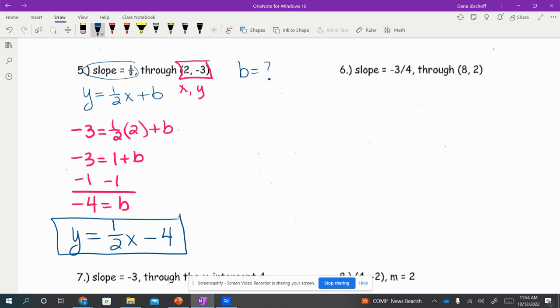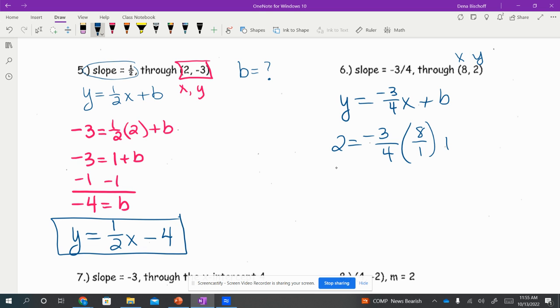All right, Daniel, you have the next one. You're going to own the whole problem. I'll start you off. Y equals -3/4 x plus b. Tell me what to do next. So we multiply fractions straight across.